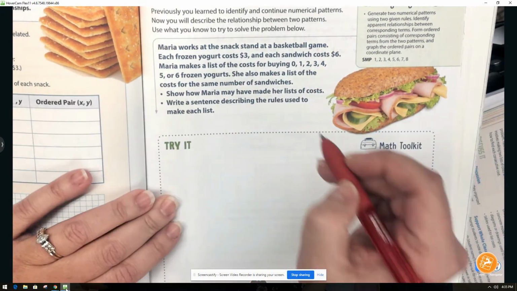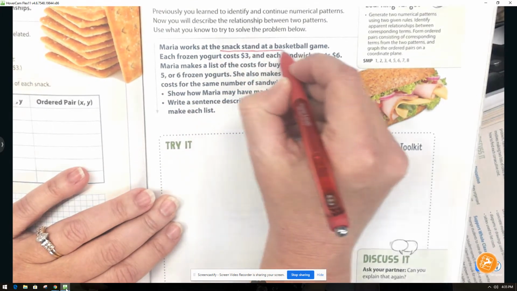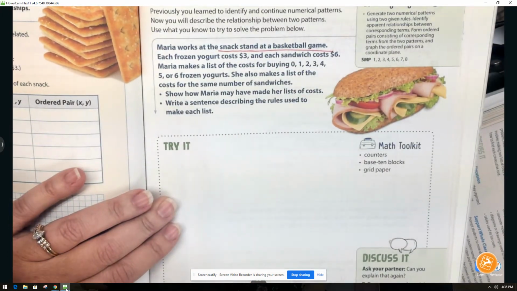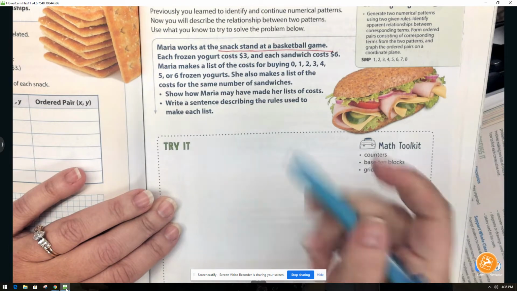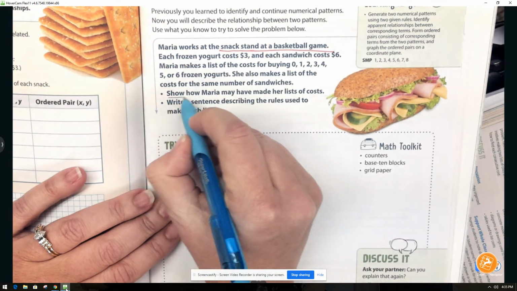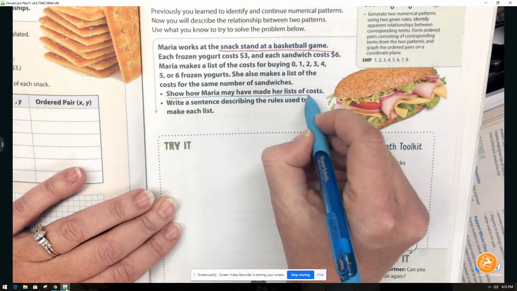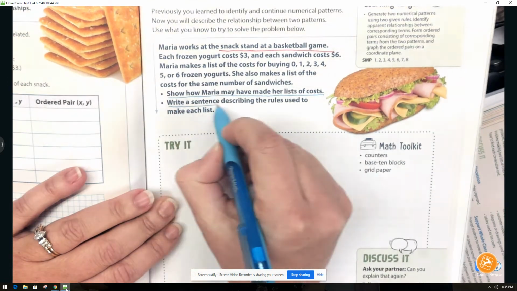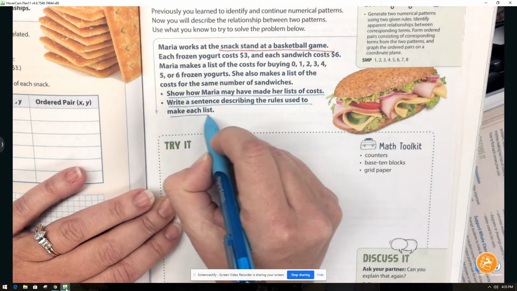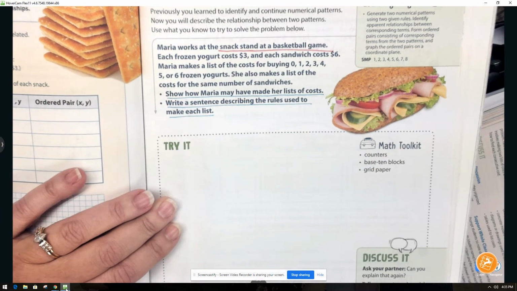So, first of all, we're talking about a snack stand at a basketball game. We want to show how Maria may have made her lists, and we also want to write a sentence that describes rules used to make each list.